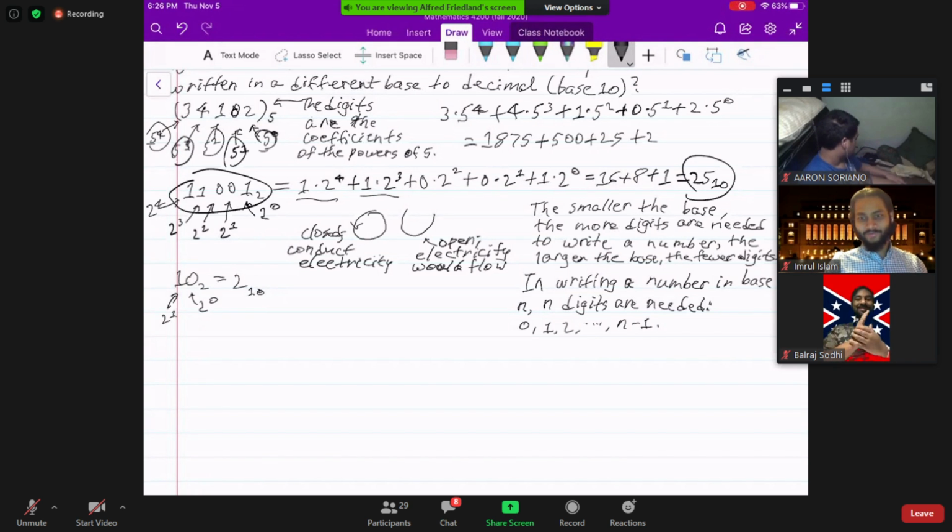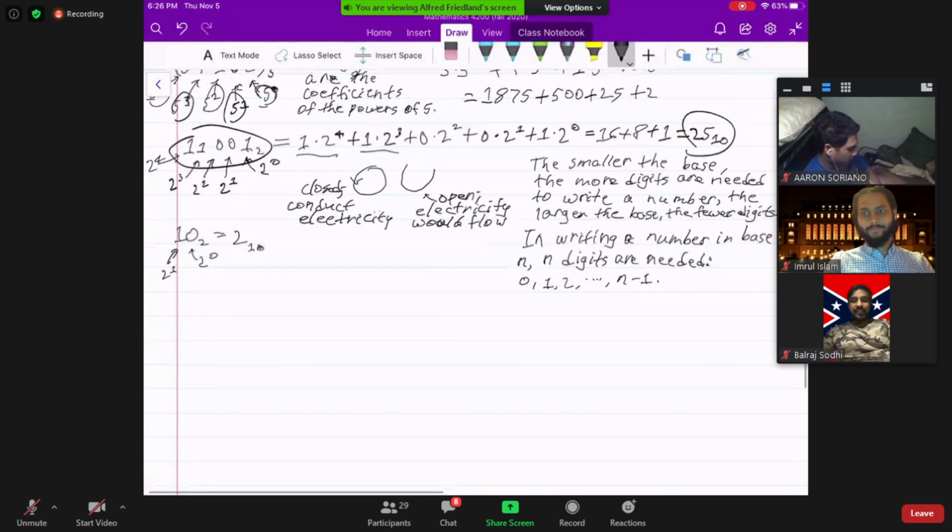So as I said a minute or two ago, in base 10, you use 10 digits, stopping at 10 minus 1, or 9. And so we can express any number using the base number of digits starting with 0 and going up to, but not including the base. So let's show that this can always be done.